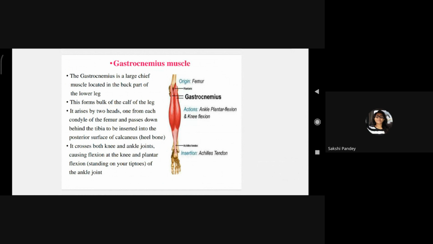So it is the muscle of backside in lower leg. This forms bulk of the calf of the leg. So the bulk of lower leg is produced by this gastrocnemius muscle. It arises by two heads, one from each condyle of the femur. So like biceps, this gastrocnemius muscle is also having two heads.